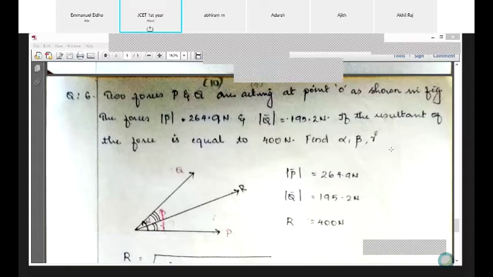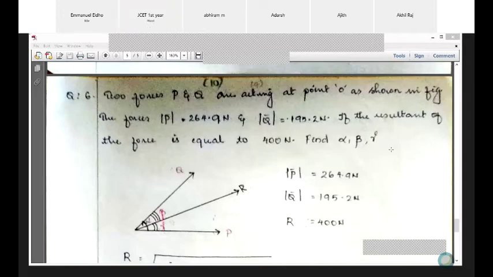If the resultant of the force is equal to 400 Newton, find alpha, beta, gamma. So here in this problem, all the values are given. That means the value of P, Q, and the resultant of these two, that is 400 Newton. Then your question is to find out alpha, beta, gamma.